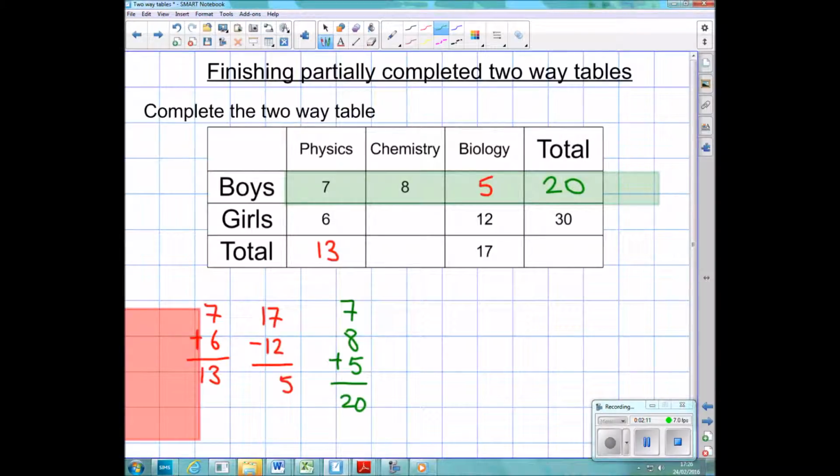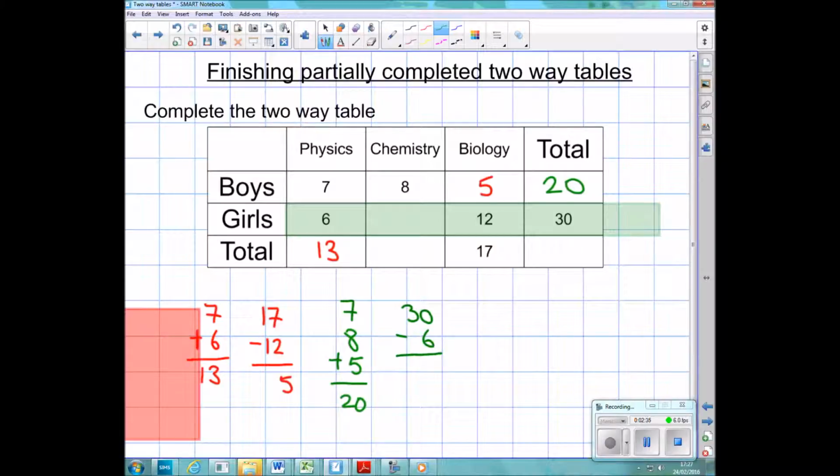I'm now going to move down to the girls row, and as you can see again, I'm missing 1 piece of data. This time it is not the total, so I'm going to take away. But I've got 2 numbers that I need to take away from 30, so I'm going to do this 1 bit at a time. I'm going to start by doing 30 take away 6.